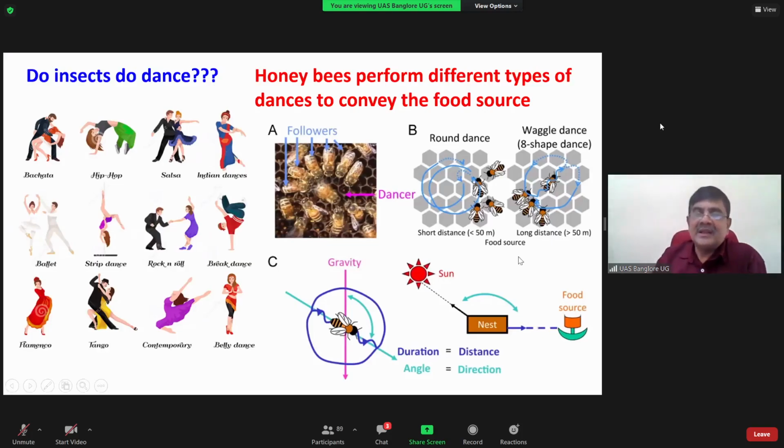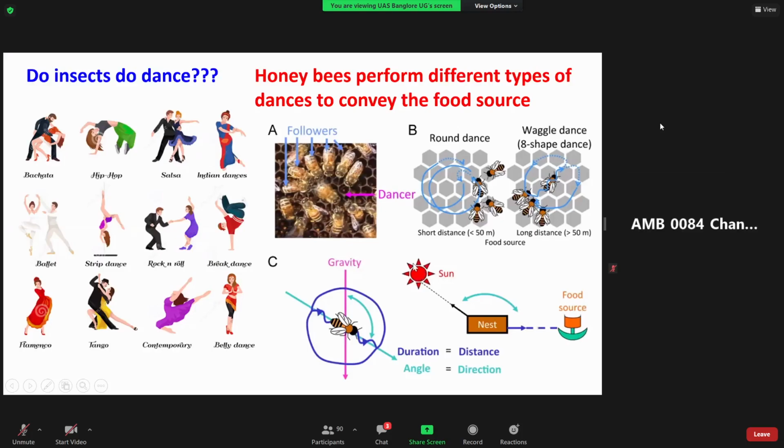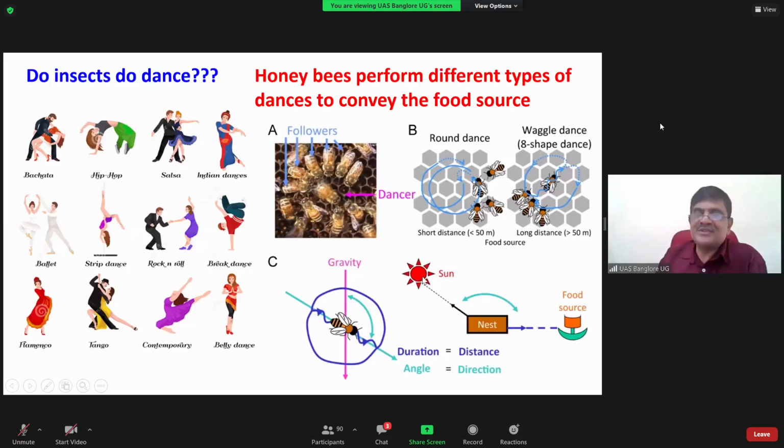Also, this dance tells in which direction the food is available. Suppose the comb or nest is present here, this is the sun, and this is the food source. You can see the angle between the sun and the food source. The insect will dance based on that angle.